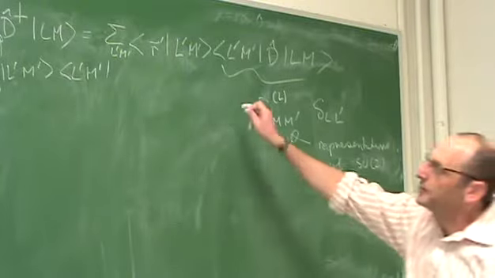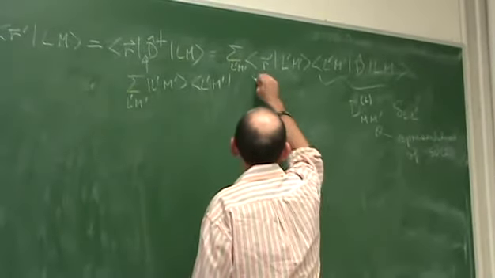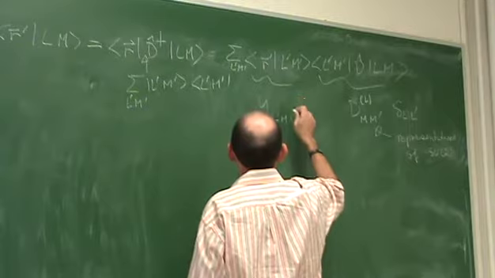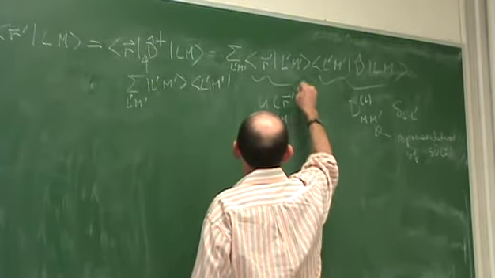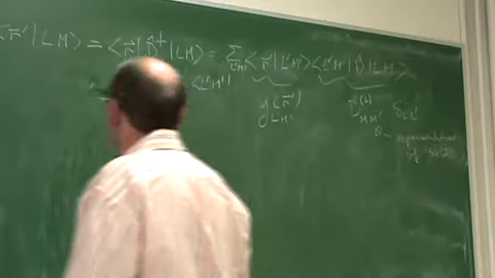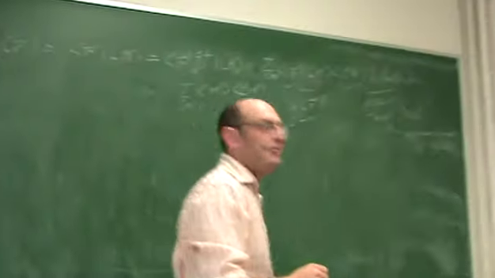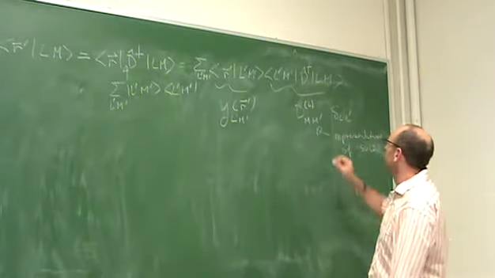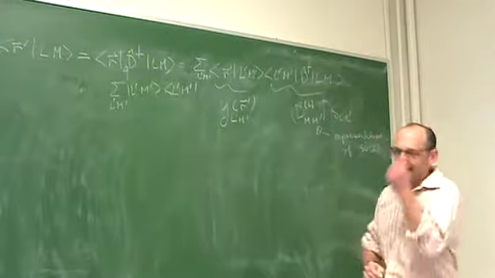But this is important because now what we see here is that this was equal to Y_L'M'. And doing that sum, I made a mistake, excuse me. This should be dagger. So this is this dagger, which is the star conjugate.